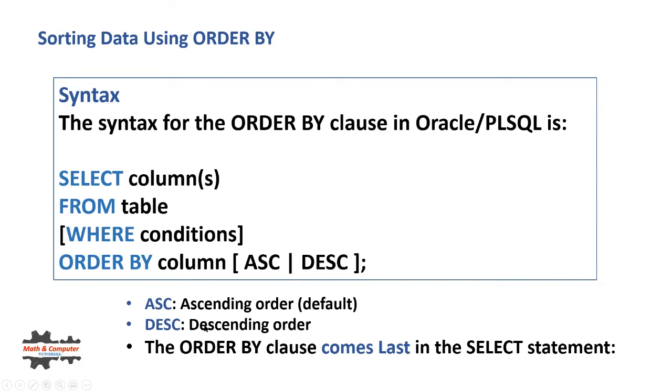For descending order, if your column has a variable character data type, then it will be arranged from Z to A. But if your column is in numeric data type, then it will be arranged from highest to lowest. Take note that the ORDER BY clause comes last in the SELECT statement. So the ORDER BY is always in the last part of the SELECT statement.